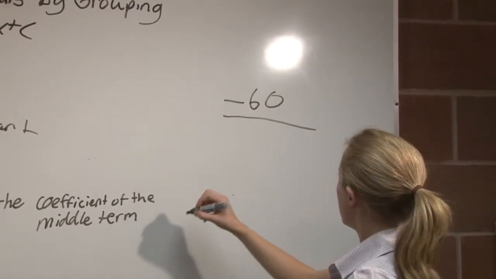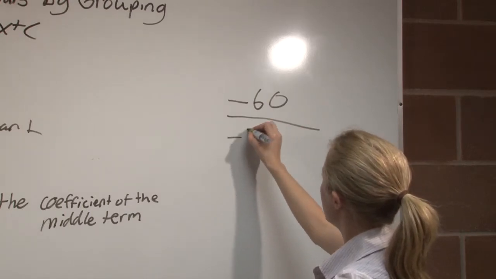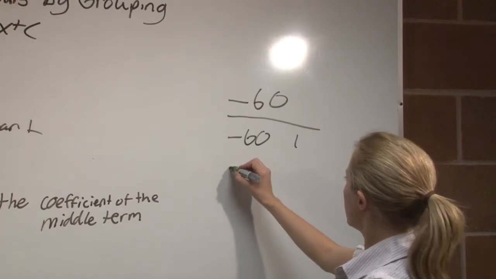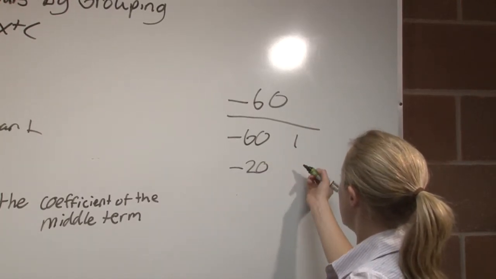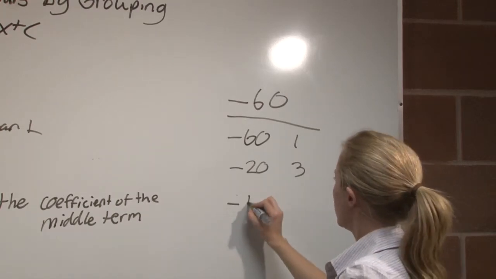Since it's negative 9, I'm going to make the bigger one negative. So I could have negative 60 and 1, but that's not going to add up to negative 9. Negative 20 and 3, that would add up to negative 17.